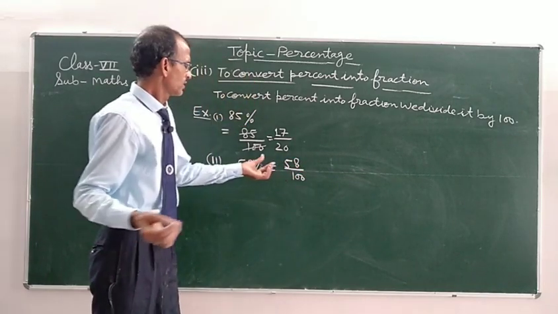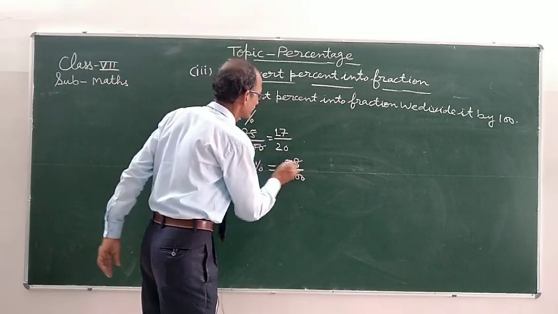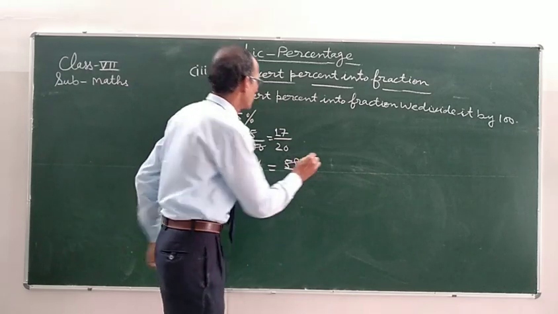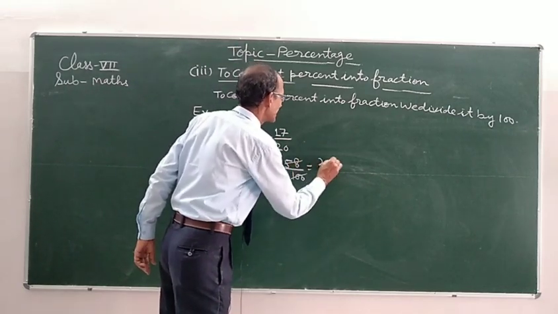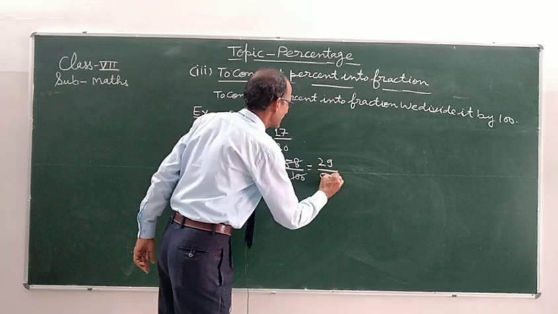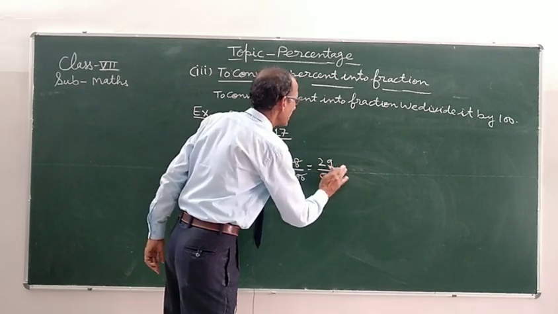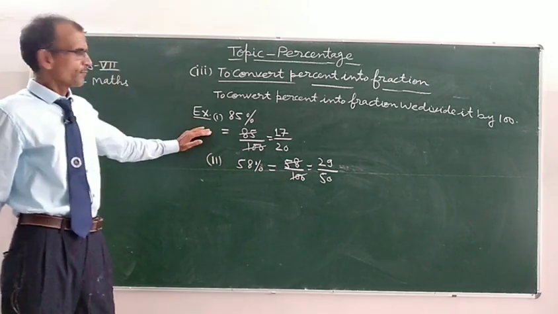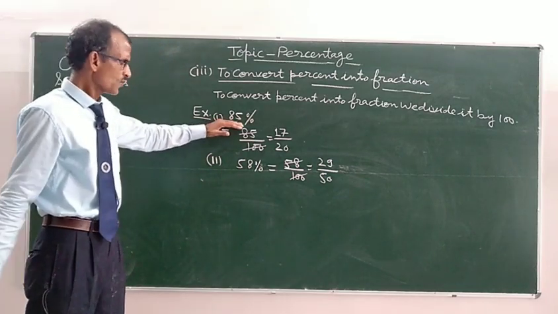Now simplify this. Both can be divided by 2. 2 2 ja 4, 1, 2 9 ja 18 upon 2 5 ja 10, 50. 29 upon 50. Okay, this way we convert percentage into fraction.